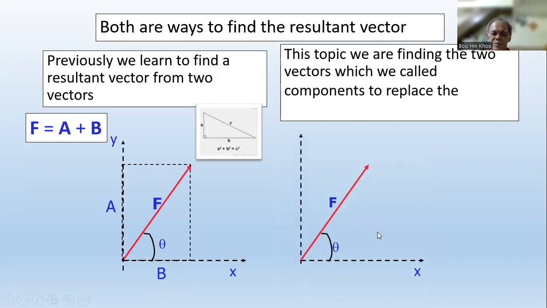So the same thing, we want perpendicular directions. It's easier to work with perpendicular directions. Then complete the rectangle. And this is the magnitude of F in the y direction, or y component, and this is the x component.